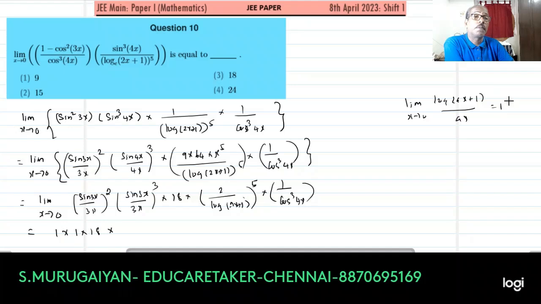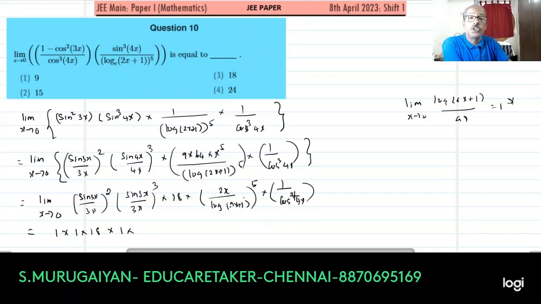So this is a fundamental theorem. So the reciprocal of this, log of 2x plus 1 by x, the a is nothing but 2. And x power 3, that is 2x, this is x power 5, so this 2x should come. Okay. So 18. What is the limit of 2x by log of 2x plus 1, 1 power 5, 1.